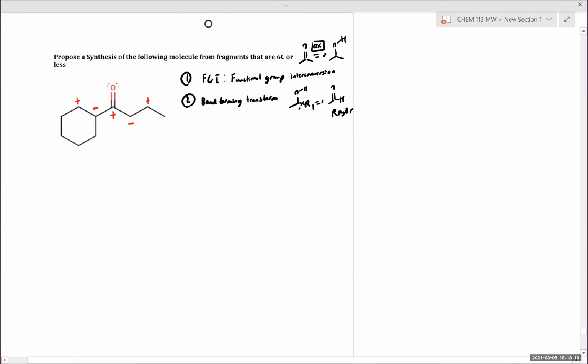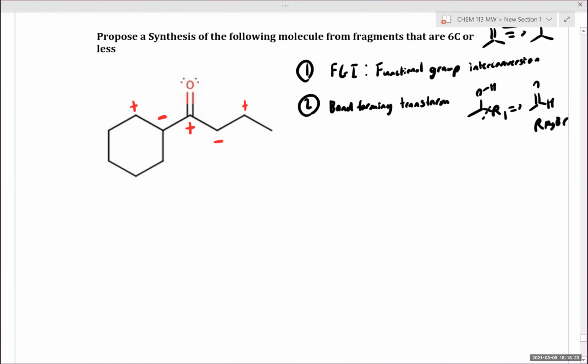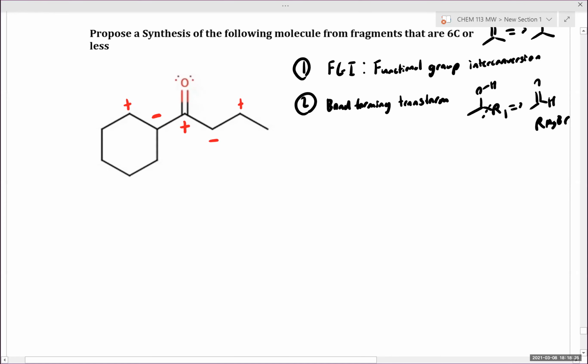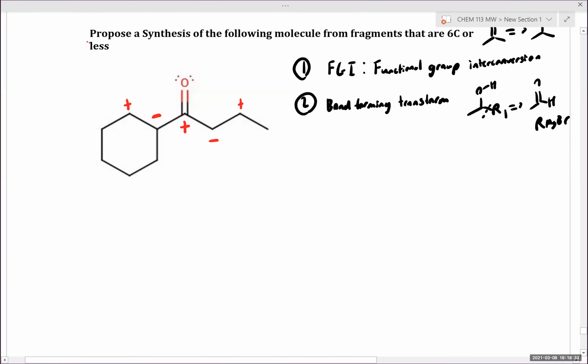So with that said, would anyone like to propose a functional group interconversion or a bond forming or bond breaking transform? How are we going to go about preparing this molecule from fragments that are 6 carbons or less? So 6 carbons or less is our limit.